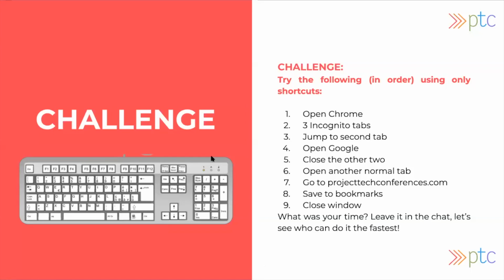Then we can jump to the second tab with the shortcut Ctrl+number, and then open Google by searching now. Close the other tab by using Ctrl+W, and open another normal tab by Ctrl+Shift+T.